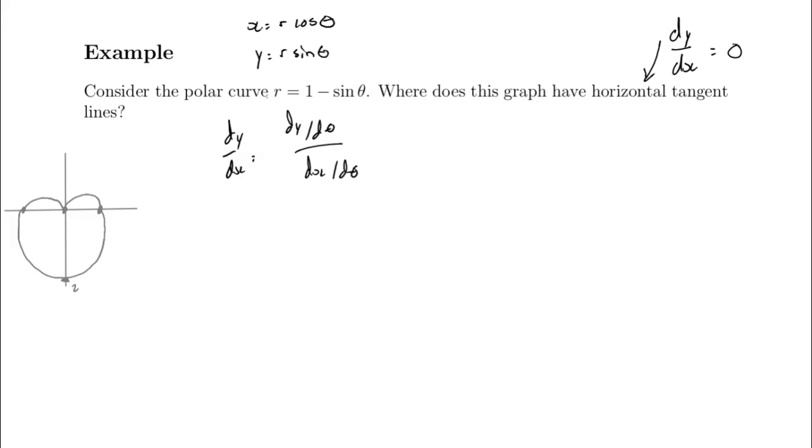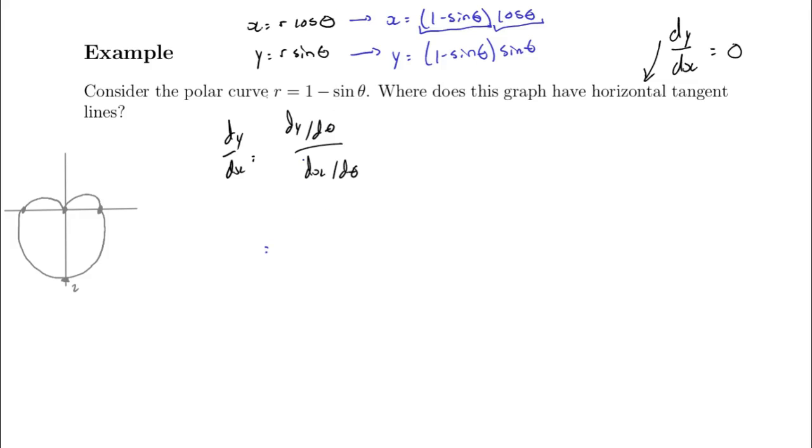Now, this is what we mean by product rule. What we've got now is that x is 1 minus sine theta times cosine theta, and y is 1 minus sine theta times sine theta. And so we're going to do a product rule where we split things up into these two pieces.